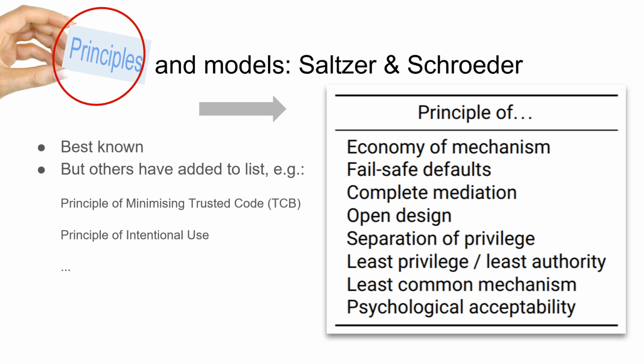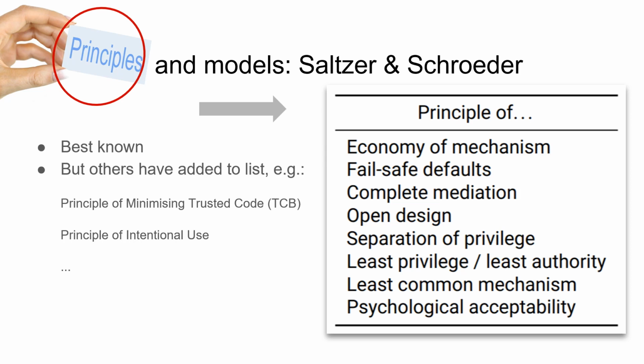Now, all of these principles are fairly generally accepted. Open design may be the exception, right? So there's a bit of a debate about that, and I'll talk about that in a minute. Now, other design principles have been added to this, and most of them have some merit to them. I'm just going to mention two.